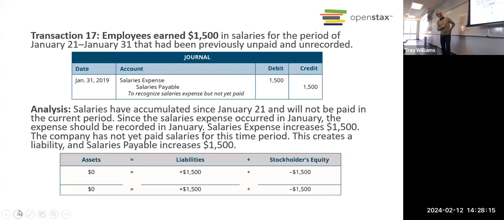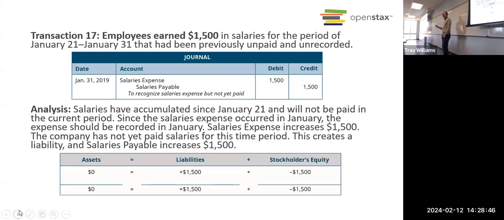Okay, and then another one, employees earn $1,500, so that's the salaries expense. Assuming these are salaried employees, some employees get an hourly wage, but these employees are paid a set amount, a salary. So that expense has gone up, and we have a salaries payable. Why is equity going down?